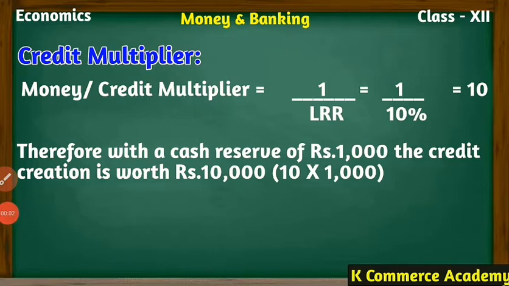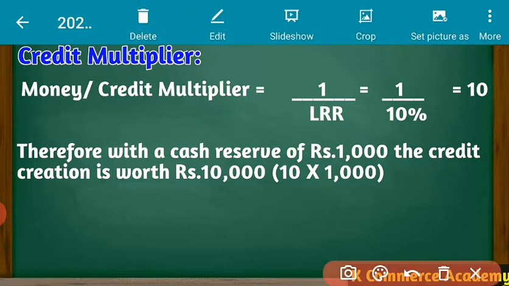Now credit multiplier or money multiplier equals 1 upon LRR. Suppose the legal reserve ratio we have taken to be 10%, so it can be calculated as 1 upon 10% equals 10 times. Now what does it imply? It implies that suppose we have a cash reserve of rupees 1000, it will be multiplied by 10.